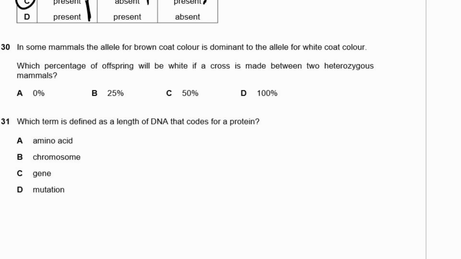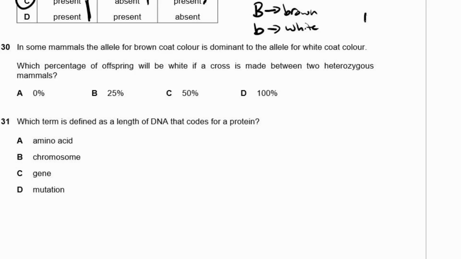Question 30. In some mammals, the allele for brown coat color is dominant to the allele for white coat color. So that means big B would show brown, little b would show white, because you use the same letter for the recessive as you do for the dominant, but you use the capital letter for the dominant. Which percentage of offspring will be white if a cross is made between two heterozygous mammals?